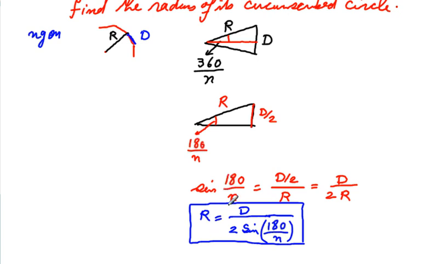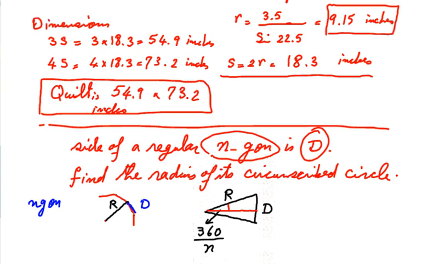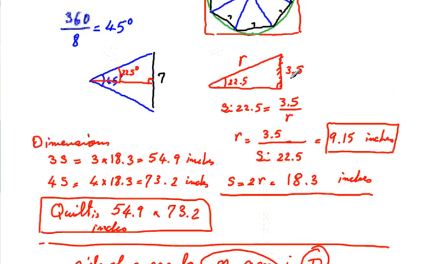I don't recommend trying to memorize these things. I do recommend trying to understand where they came from, what the reasoning was. So you go through two stages. One, a specific problem with every number given to you. It was an octagon, this was 7 inches. We worked it out.